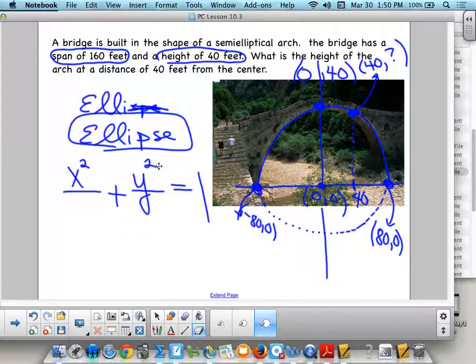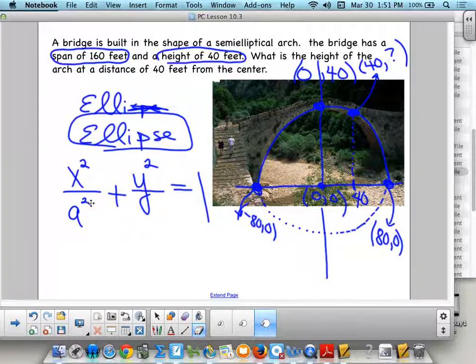Which one's A? X. Okay, you want the A here? How come? It's 40 up, but it's 80 this way. Okay, I guess what I'm thinking is the major axis is how far from here to here? It's actually 160, the major. What's the minor this way? 80. So guys, the major one is this way, right? It's horizontal.